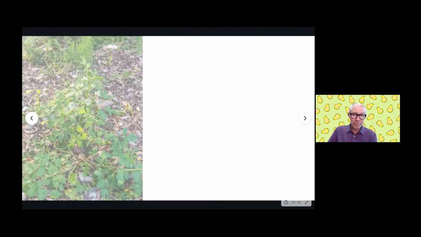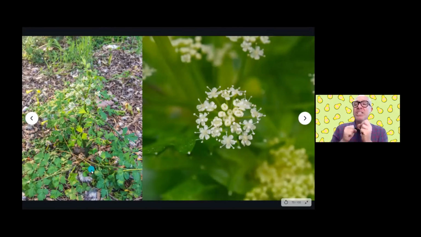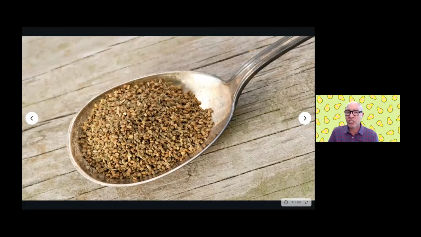When celery does break free of the confines and elongate and initiate flowering, just like the carrots and the parsnips that it's related to, it produces these flat-topped inflorescences with these tiny little white flowers presenting all their reproductive bits to the pollinators, the bees and the wasps and what have you. And after the flowers are fertilized, the seeds begin to develop to generate the plant into the next year.